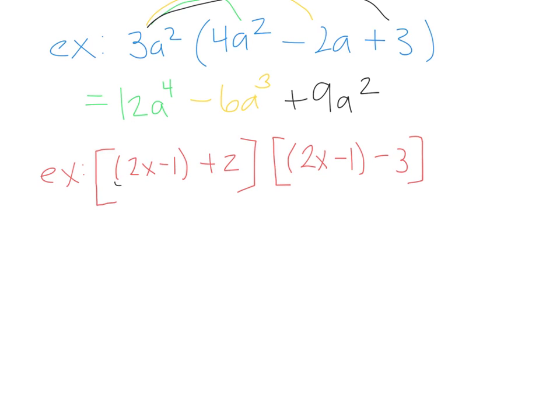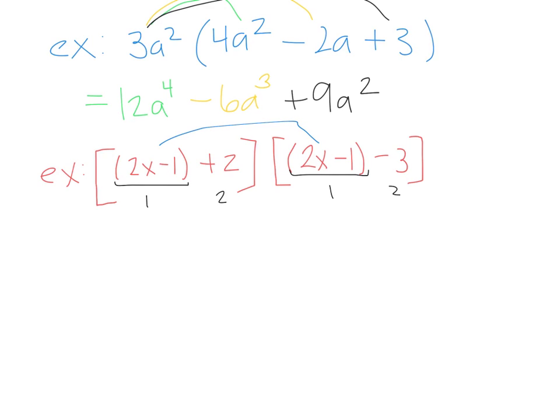So let's look at this 2x minus 1 as just a quantity, a single quantity. Okay, first step then is we can treat it as a single quantity, so it's kind of like we've got one term and two terms, one term and two terms, which kind of makes it like two binomials here. So we'll use FOIL method by first multiplying the first times the first.